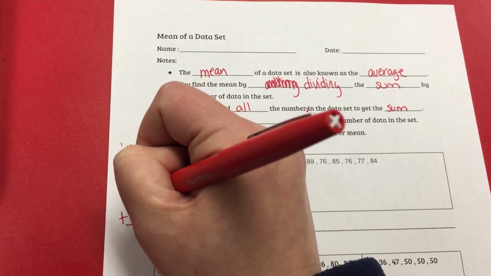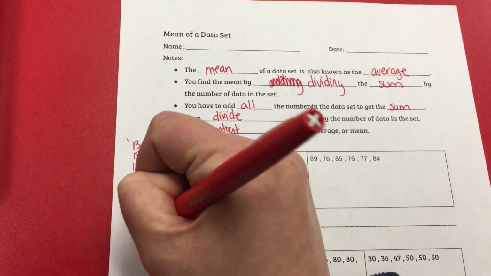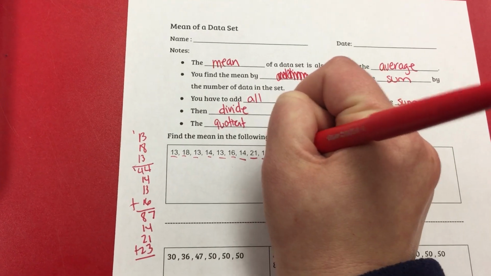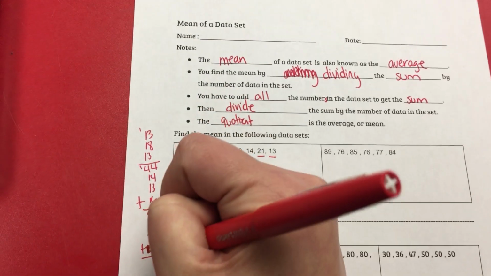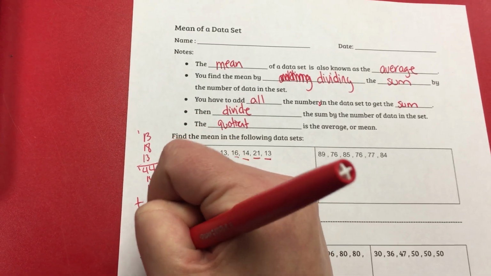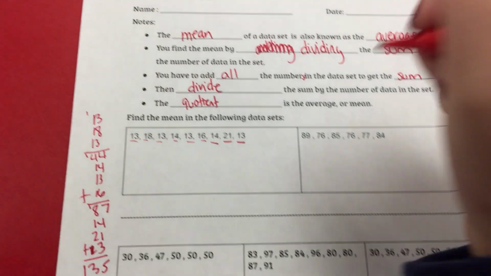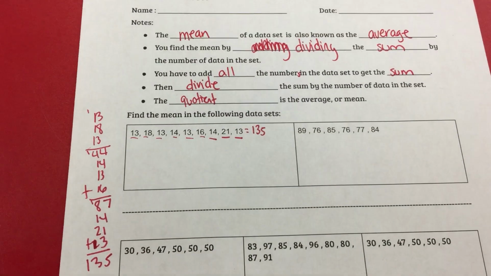And 14, 21. 13, sorry. So that's 10, 15. So I should end up with 135 as my sum. So if I add all these together, it's going to equal 135.